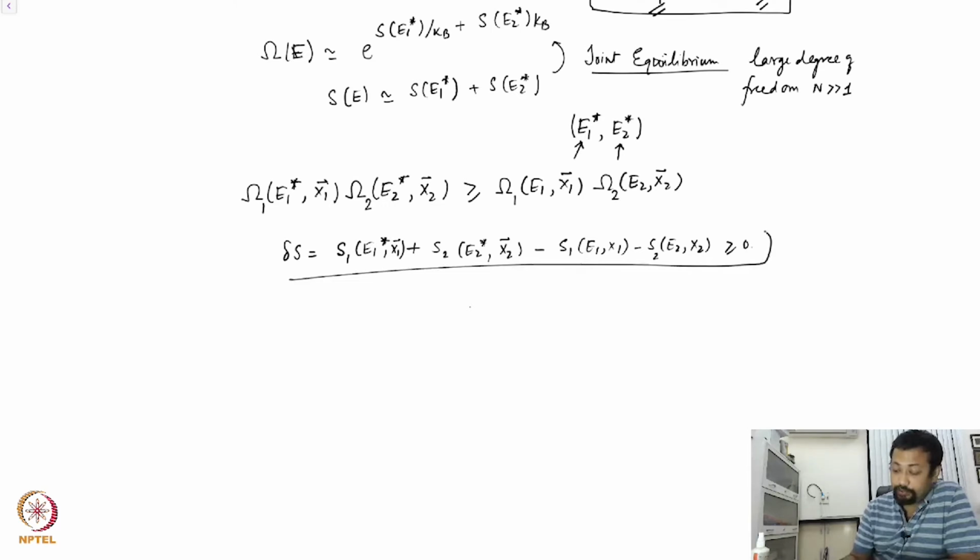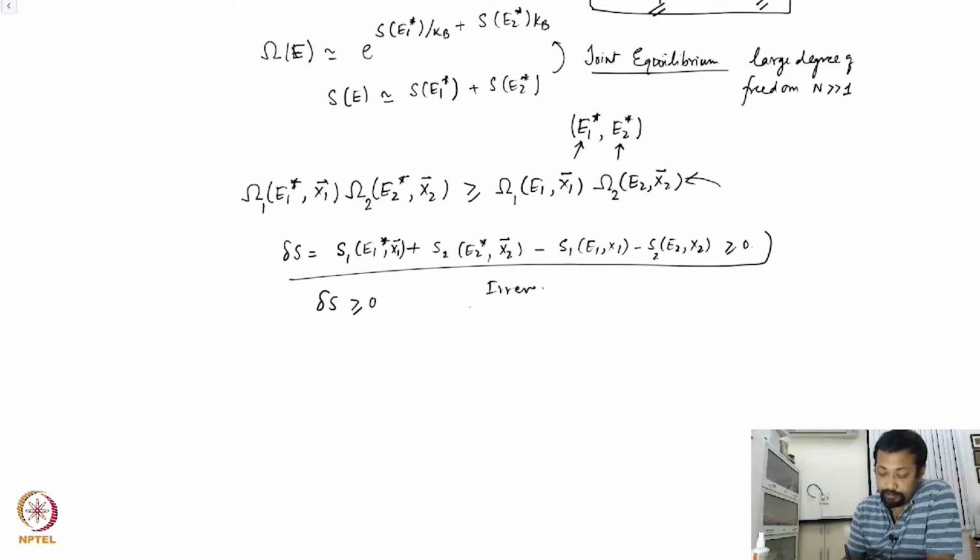This expression you arrive at by taking a log of the above equation. Therefore, you have delta S greater than or equal to 0, so that there is an irreversible flow of energy.